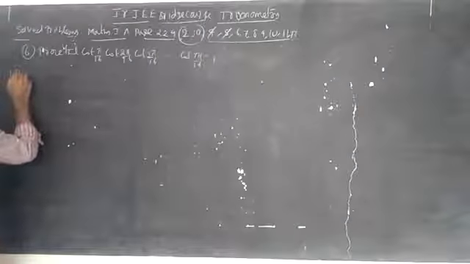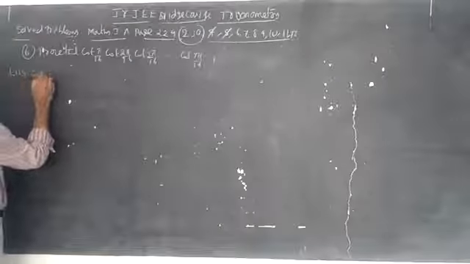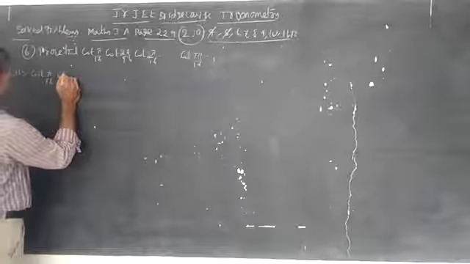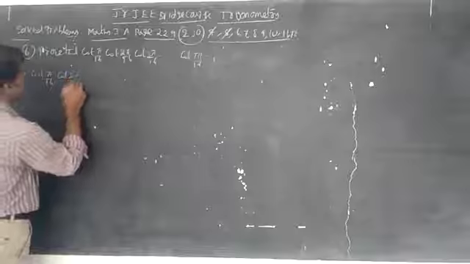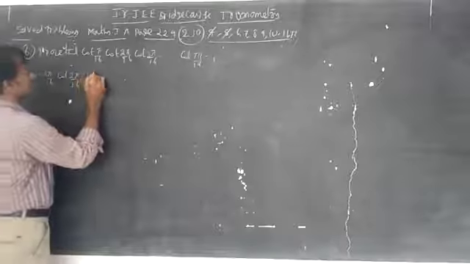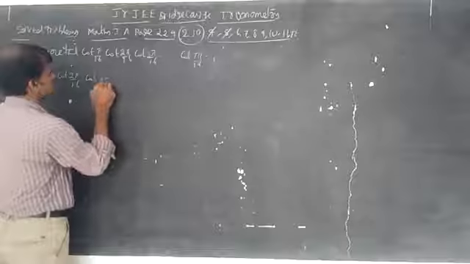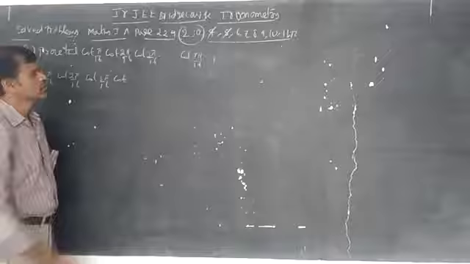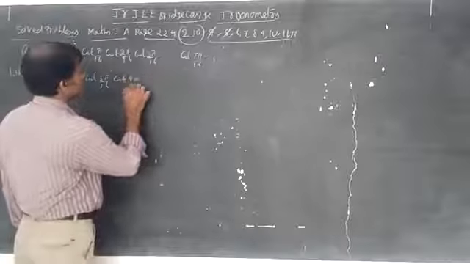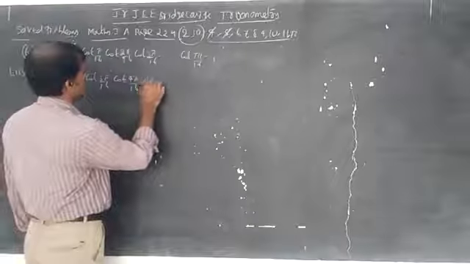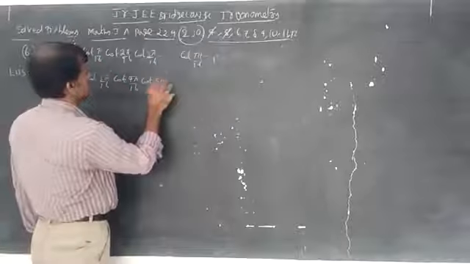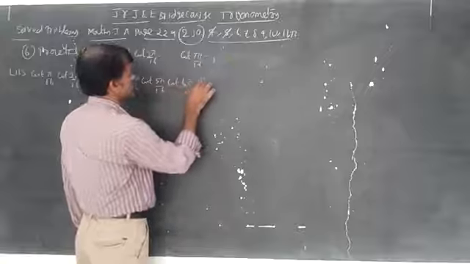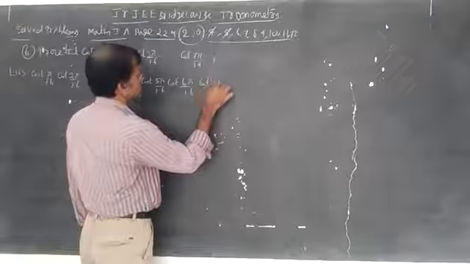We take LHS here: cot pi by 16 into cot 2 pi by 16 into cot 3 pi by 16 into cot 4 pi by 16 into cot 5 pi by 16 into cot 6 pi by 16 into cot 7 pi by 16.